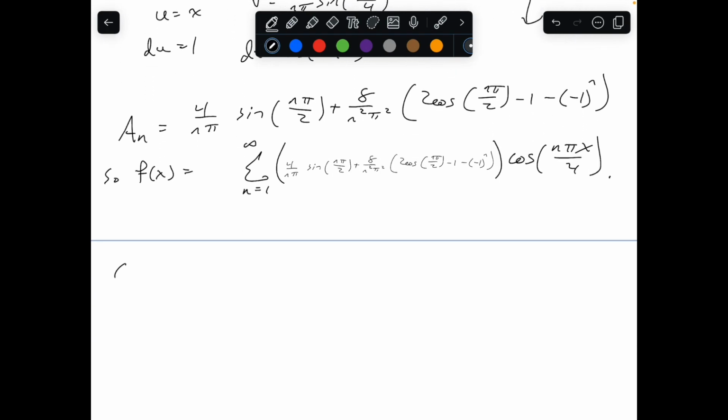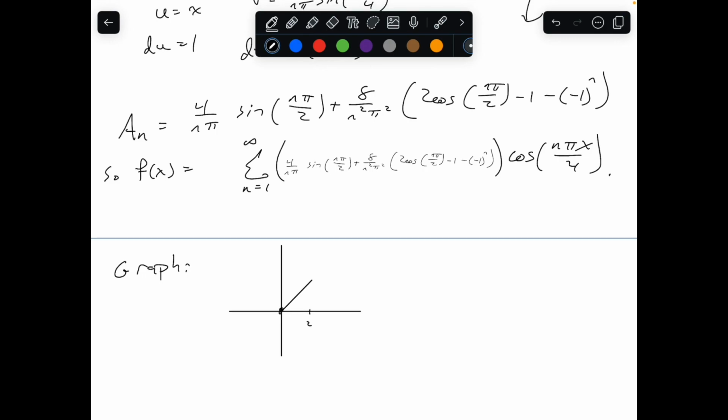The graphs. So just start off with the graph of the function. Looks crooked. Yeah, there we go. All right, so the function is equal to x for 0 to 2, and it's a closed hole here and an open hole here because of how it's defined.